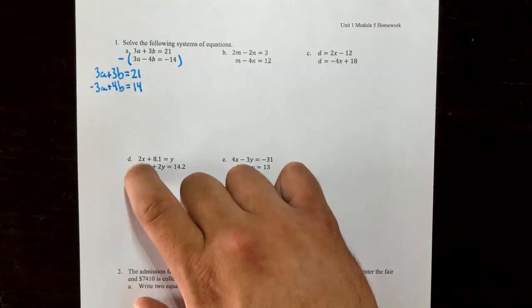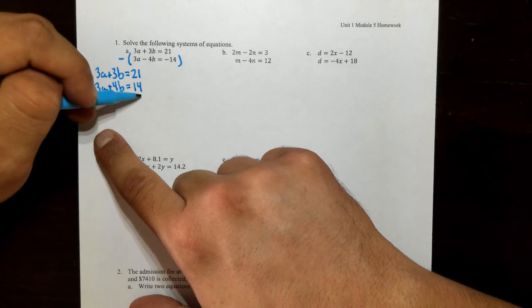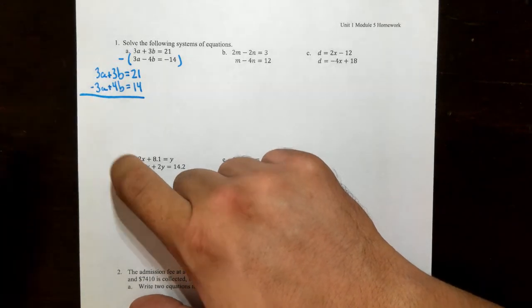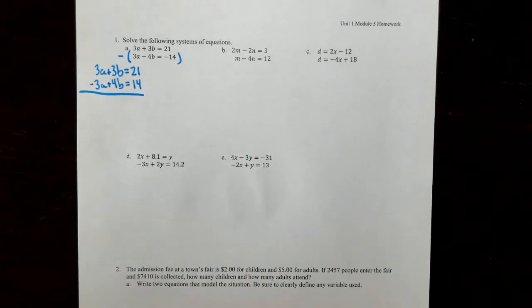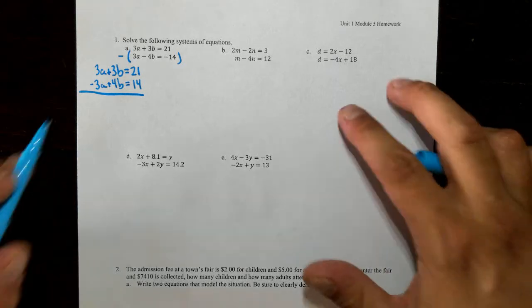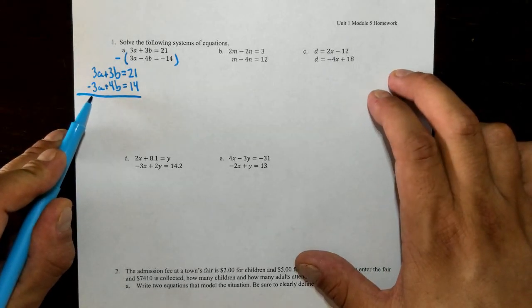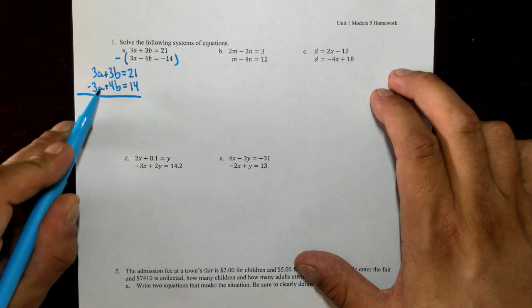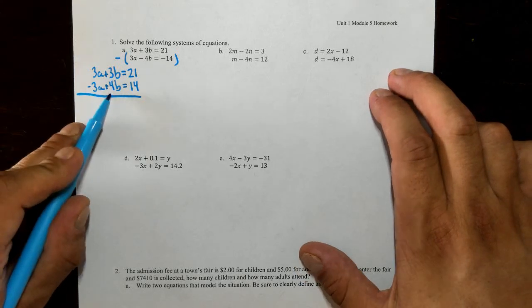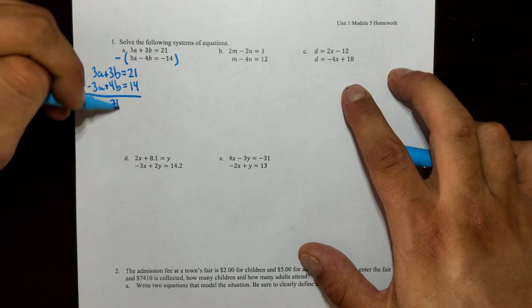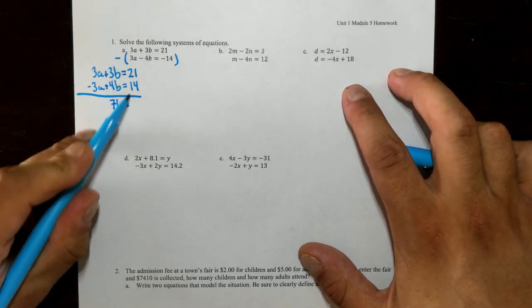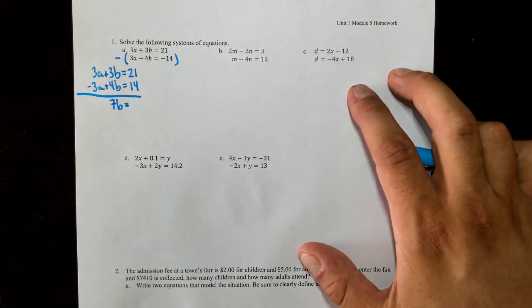Now I can combine these like terms, or you can think of it as adding or subtracting them, and I am going to eliminate the a, because 3a minus 3a zeroes out. What I'm left with is 3b plus 4b, which is 7b, equals 21 plus 14, which is 35.